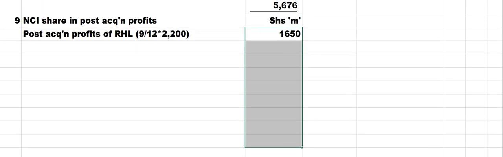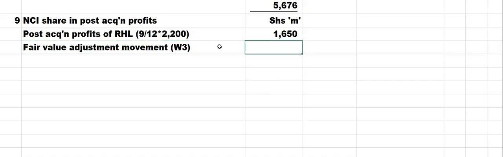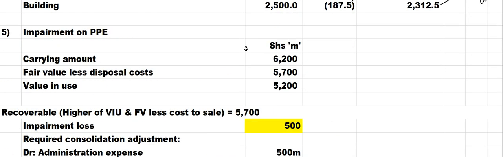But of course, there are some adjustments to make on these profits. What are the adjustments? First of all, there is a fair value adjustment movement. That's the depreciation. That is working 3. And that depreciation is how much?